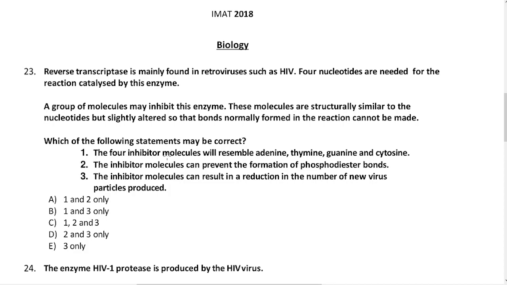The 4 inhibitor molecules will resemble adenine, thymine, guanine, and cytosine. If we think about what reverse transcriptase actually does, it takes RNA and gives us a complementary DNA. If we have 2 complementary DNA, we can assemble a DNA molecule.